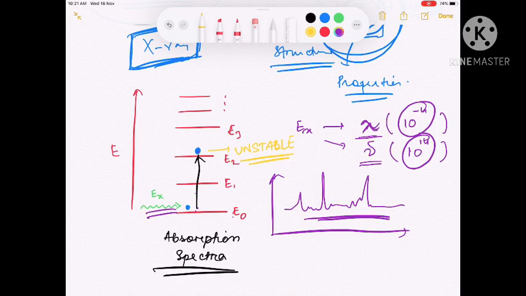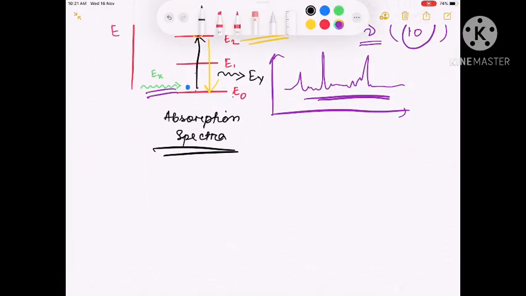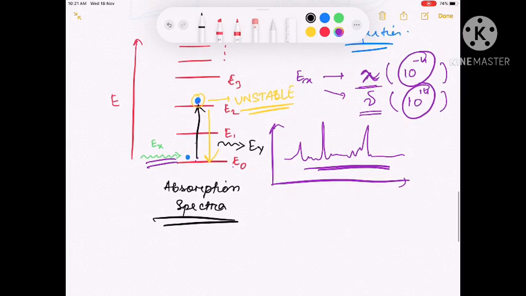So it will always try to give off its energy and come back to the ground state, meaning the low energy level. So it will give out its energy, say EY, and come back to the ground state.